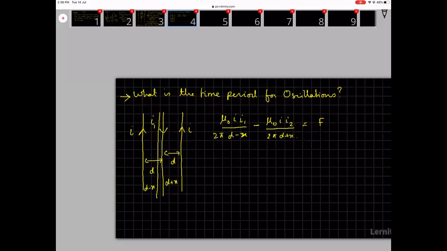So it will become mu naught I1 by 2 pi times 1 by (D minus X) minus 1 by (D plus X).